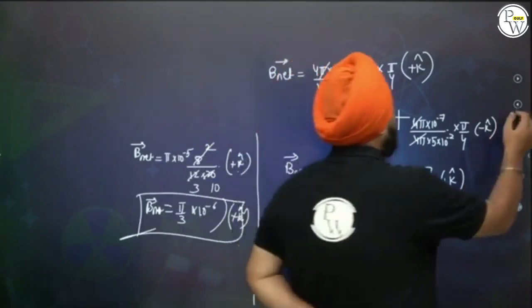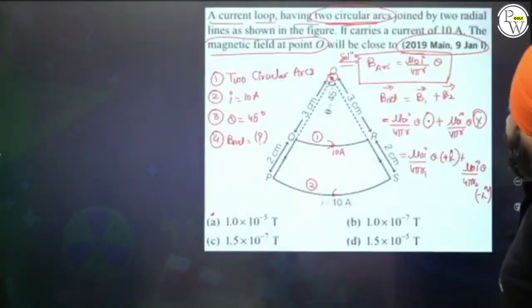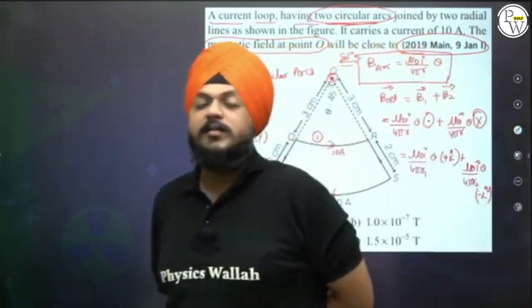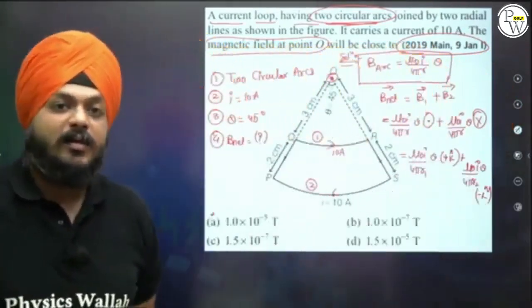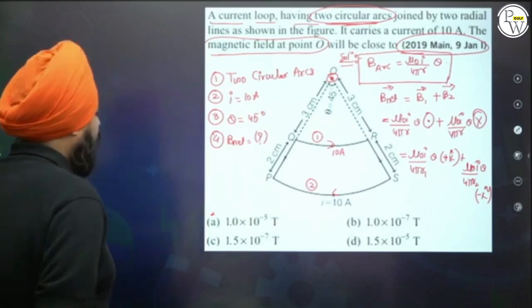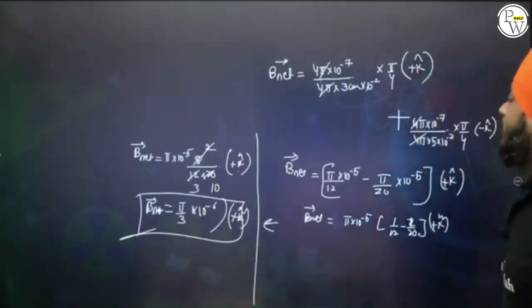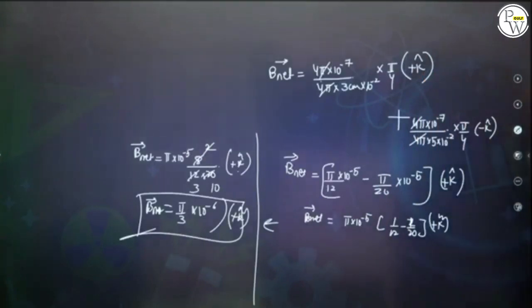So I think they are saying close to 1 into 10 to the power, with 3.14 divided by 3, it is close to 1 into 10 to the power minus 5.